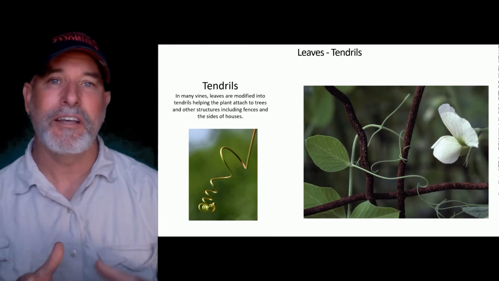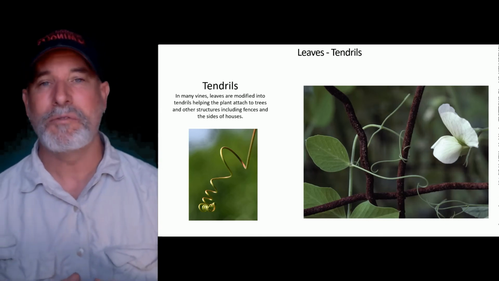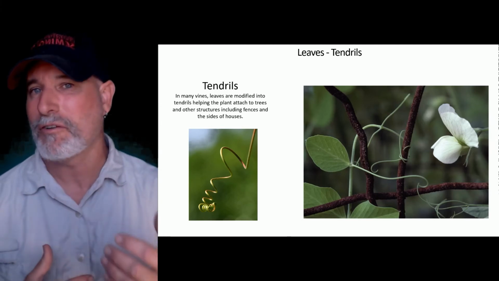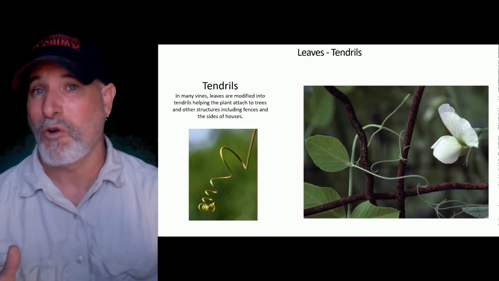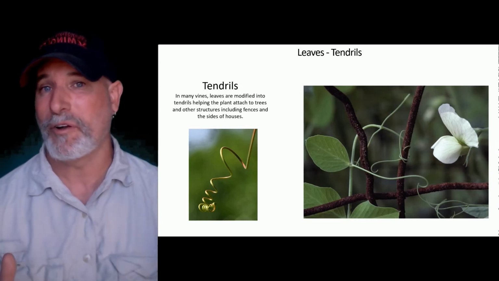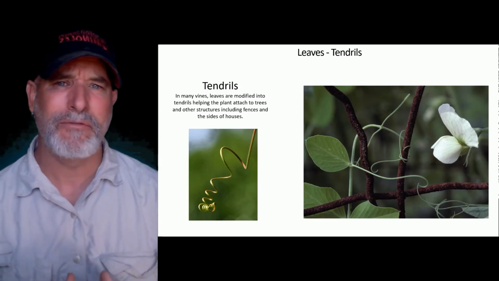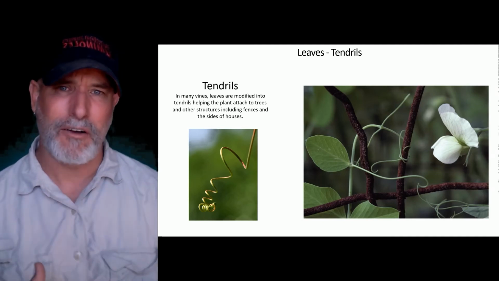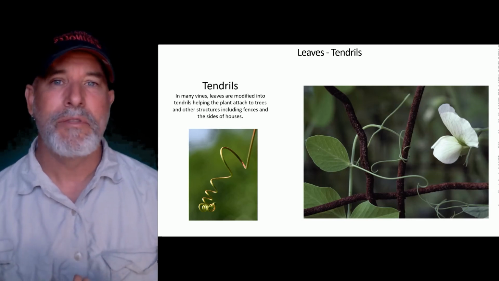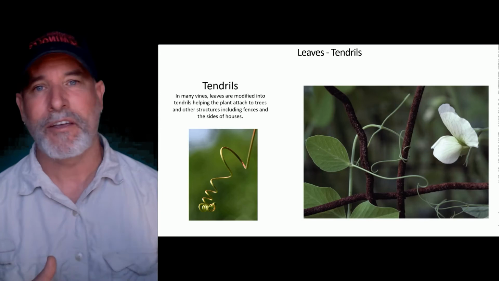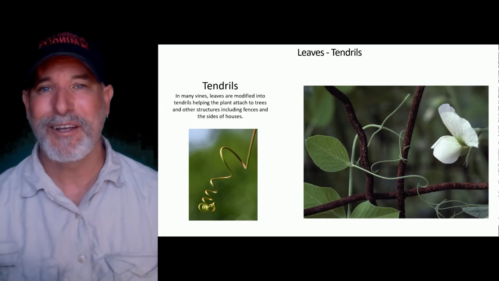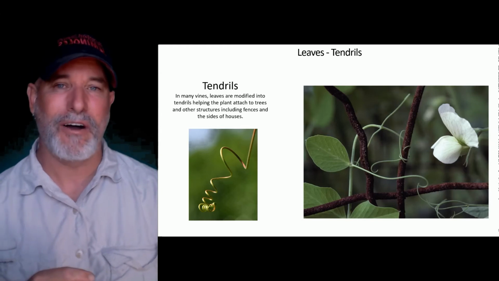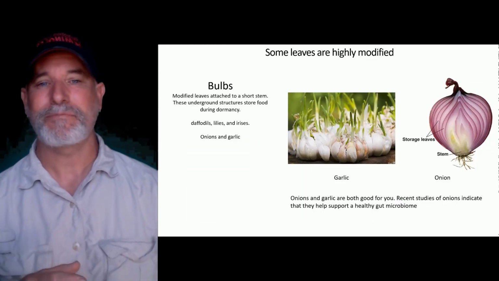And that tendril is a modified leaf that helps that vine hold on to some other physical structure. So the vine can grow up a tree, it can grow along a fence row, it can grow up onto your house. I wouldn't really recommend vines growing on your house because that can cause you problems, but they can definitely grow up in the trees and they can grow along other structures. And it's those tendrils, those modified leaves that help hold that vine to those structures.